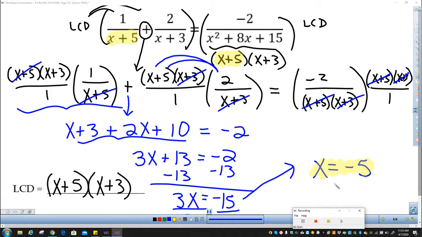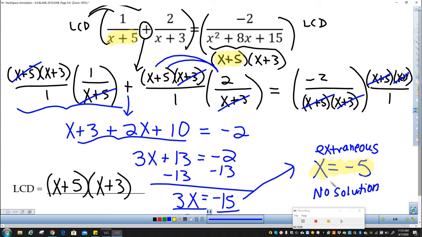So if -5 were plugged in for x, -5 plus 5 is 0. That would cause the denominator to be 0, which is not allowed when we're dealing with a rational expression or a rational equation. And so this is an extraneous solution. It does not actually work because it makes the denominator 0.